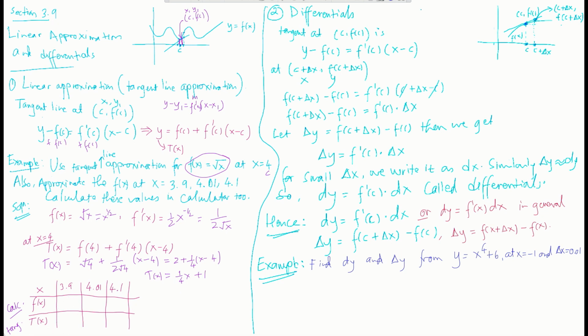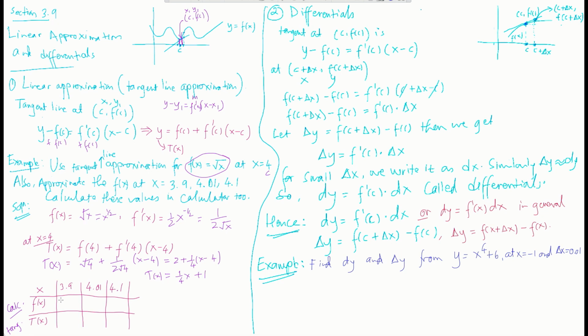Because we are using the tangent line to approximate the height of this function. Close to the point where we found the tangent, the height of the tangent and the height of the function are almost the same. That's what we call linear approximation, because we draw a tangent line at c and then we use the tangent line to find the height of the function, okay?